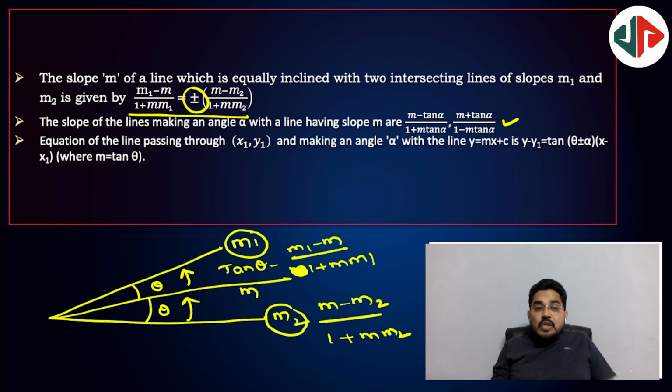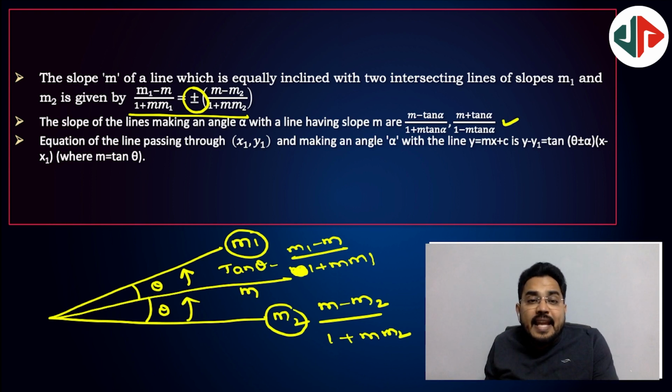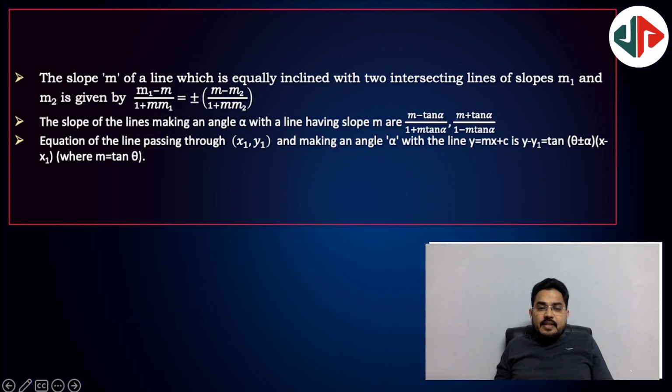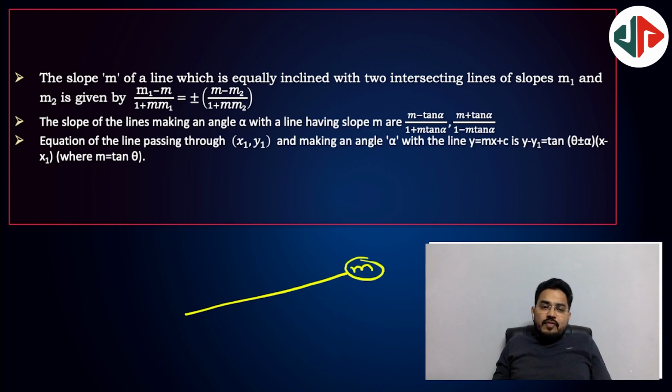If the slope of a line makes an angle alpha with the line having the slope m, what does this mean? If this is the line with the slope m, I want to find the slope of this line which is making an angle alpha.